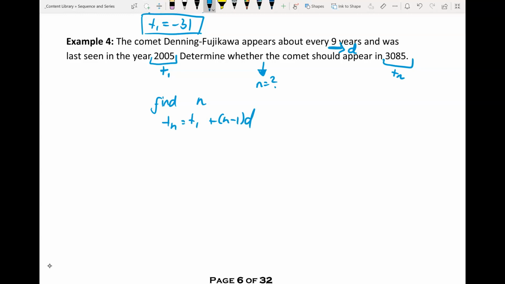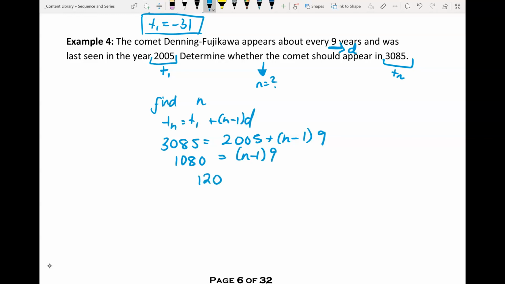So let's fill this in. So Tn is 3085. T1 is 2005. We're trying to find n, and d is 9. So I'm going to subtract both sides by 2005, and we're going to get 1080 on one side. I can divide both sides by 9.